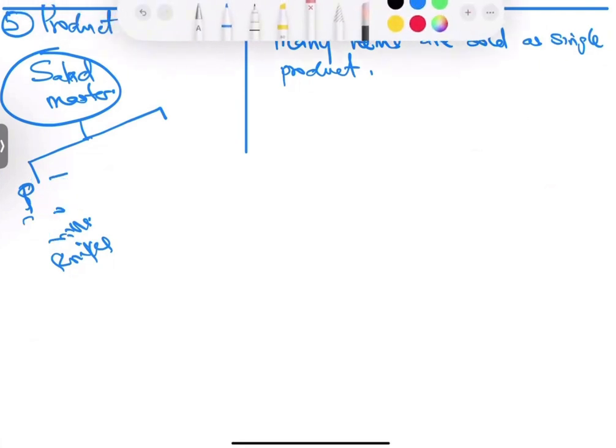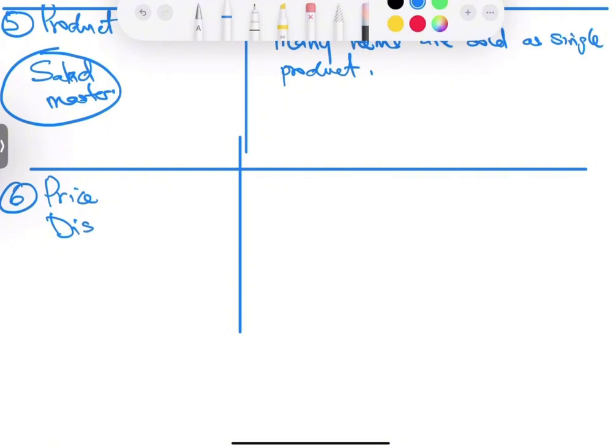The last one, I think, is price discrimination. Yeah, this one is very easy. You just sell the same product, but at different prices.